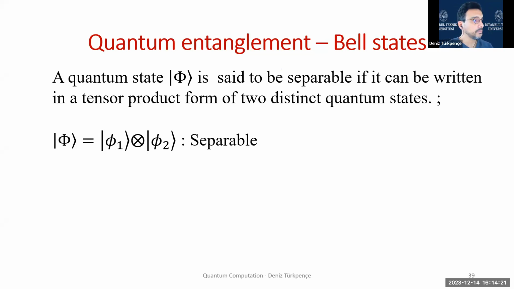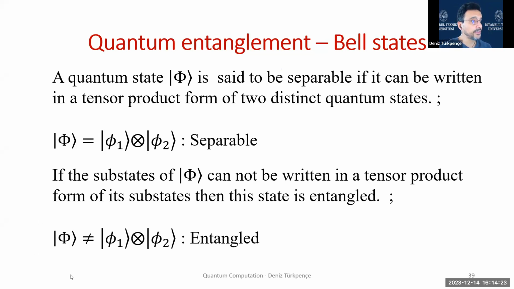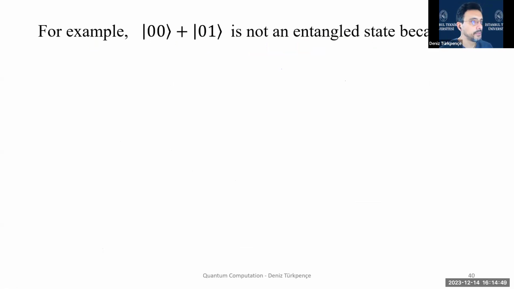Second, if these substates of phi cannot be written in a tensor product form, then this state is entangled. So this is that easy. If you cannot write it in terms of tensor product states, then phi is an entangled state. Let's try to understand it in a very simple form. For example, this superposition state, I'm omitting the normalization condition here.